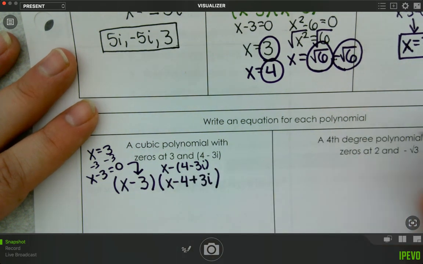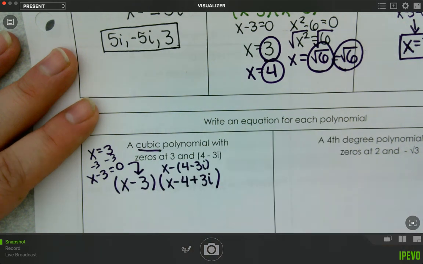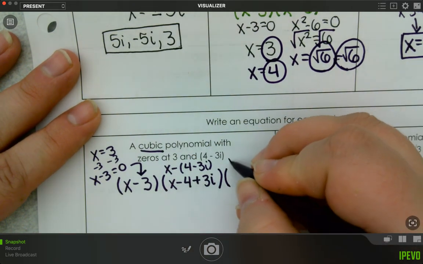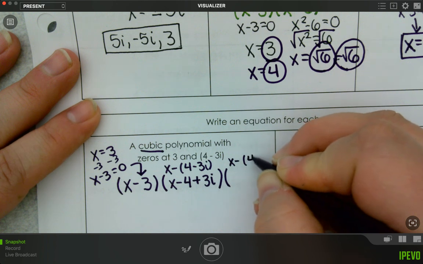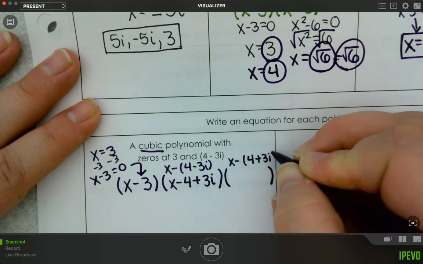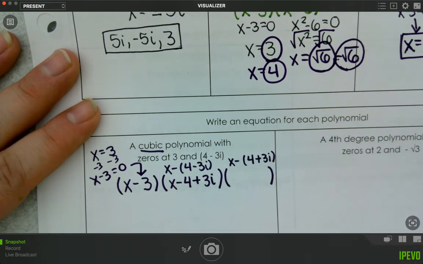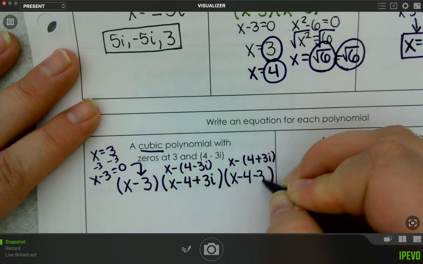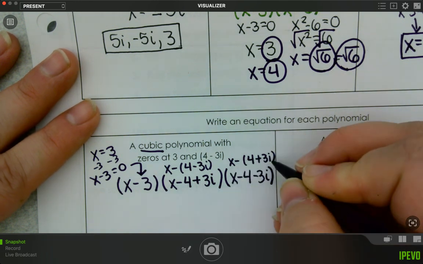Then don't forget, this is cubic because there should be 3 sets of parentheses. The last one is going to be x minus 4 plus 3i, or x minus 4 minus 3i. So you're going to distribute that negative.